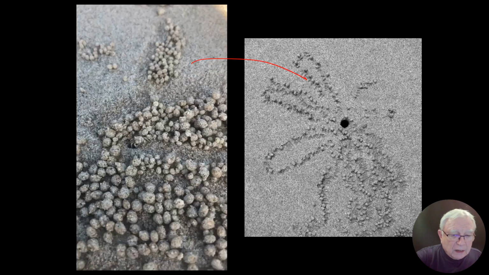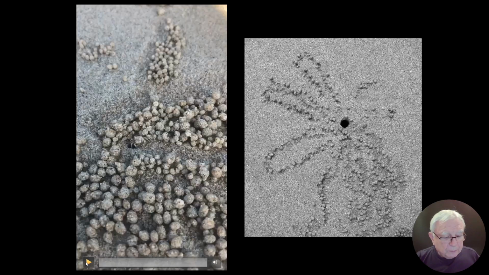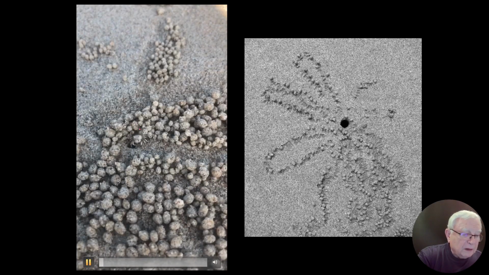There is a high tide and a low tide, and when the water goes back in the morning, leaving a smorgasbord for the little crab, he comes out because he was sleeping down in the hole and does the following. Look at this video. You see the little crab here?